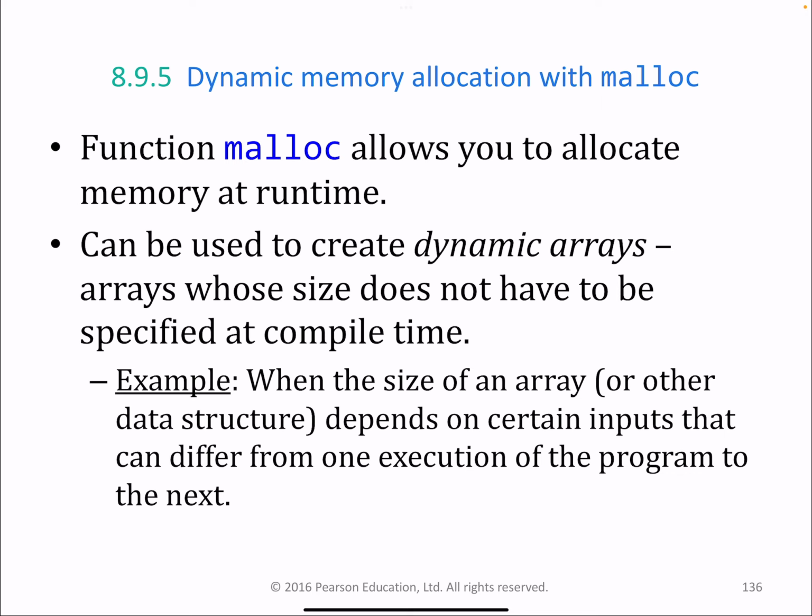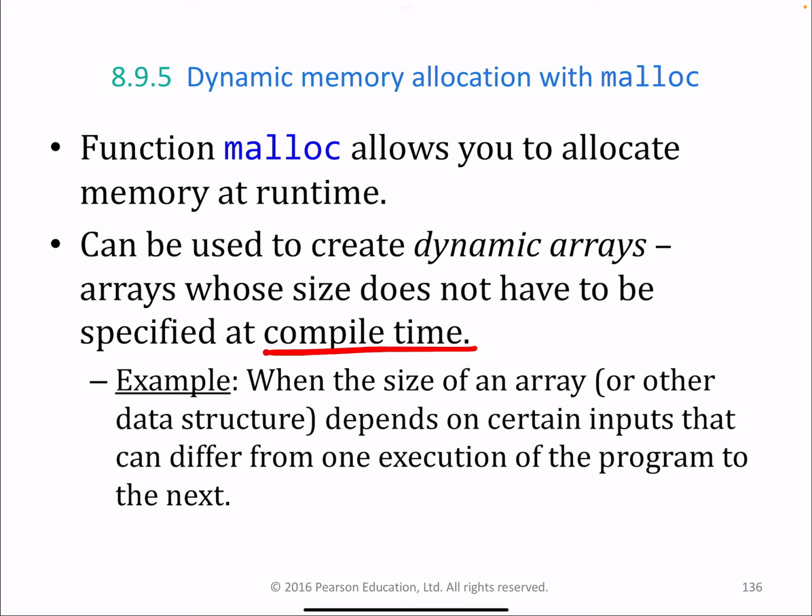And I hope you now understand the benefit of having dynamic arrays: you can decide, based on perhaps input that you receive in your program while it is running, long after you've already compiled it, how much memory to allocate to data structures. So the size of an array does not have to be fixed at the time you are compiling your program.